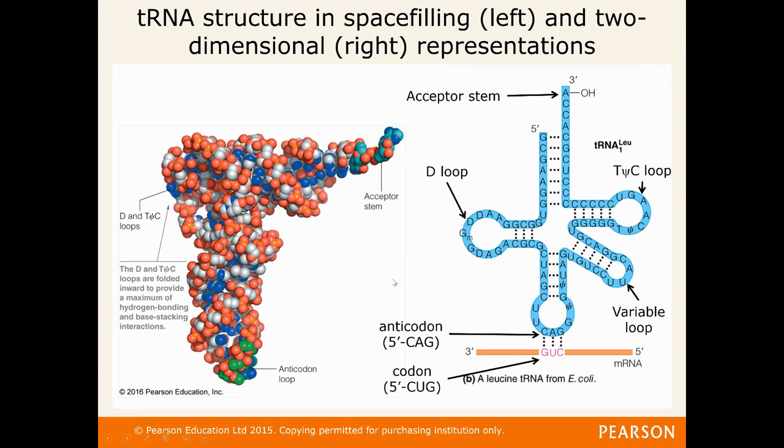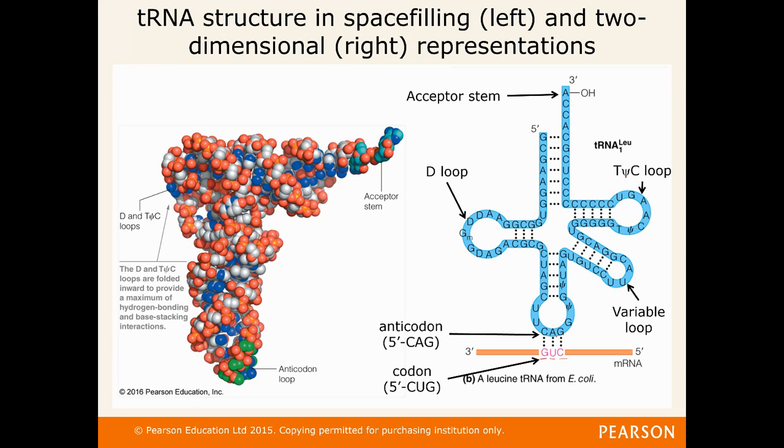So here's tRNA, which is such an amazing molecule structure. If you notice, here's the messenger RNA, GUC, okay? That's the messenger RNA. And then the anticodon is on the tRNA.